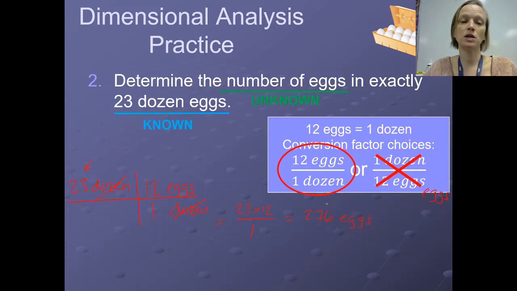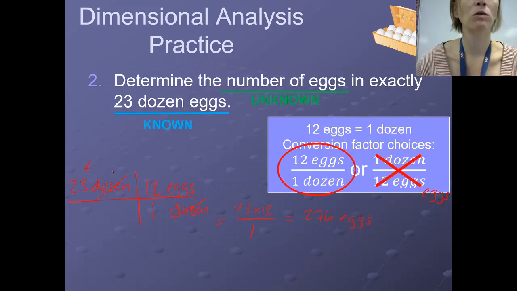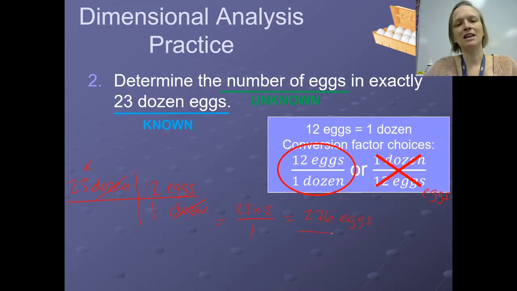Shouldn't I just have 2 sig figs in my answer? 23 is a counted value. Counted values have infinite sig figs. So if you have exactly 23 dozen eggs, then that has infinite sig figs. Therefore, that does not limit my sig figs here, just because it is a counted value.